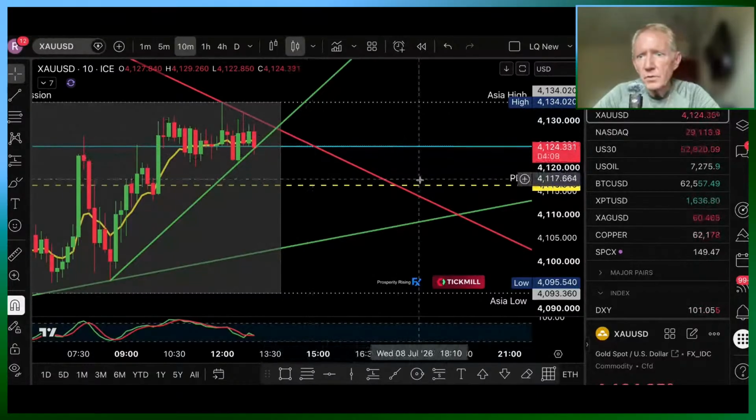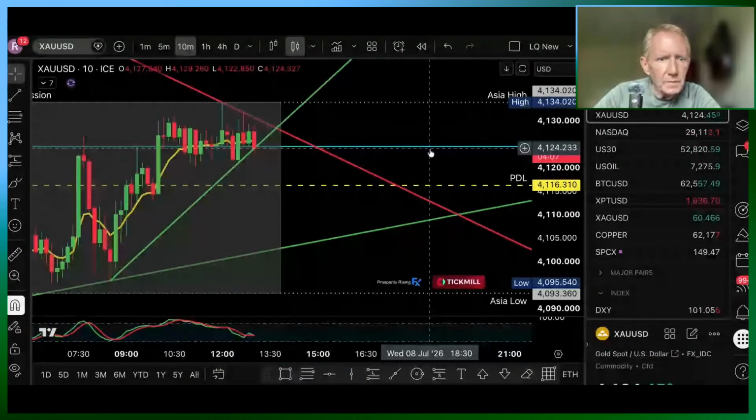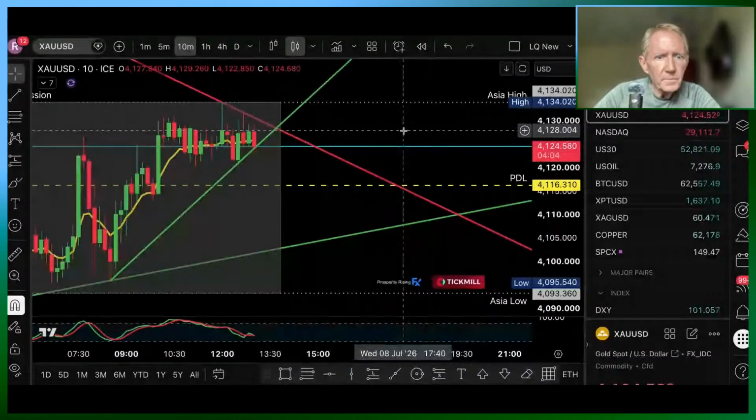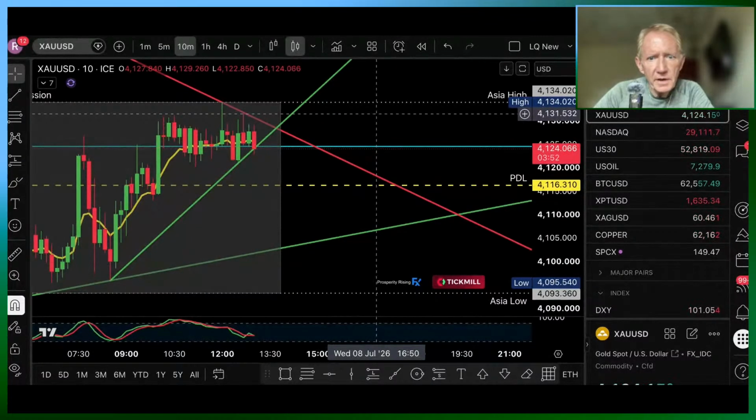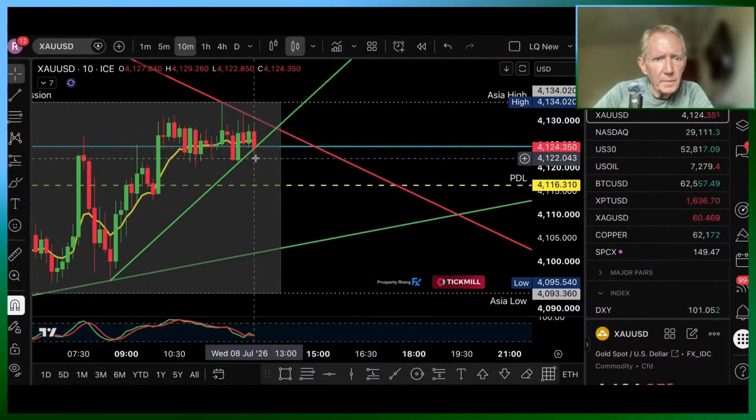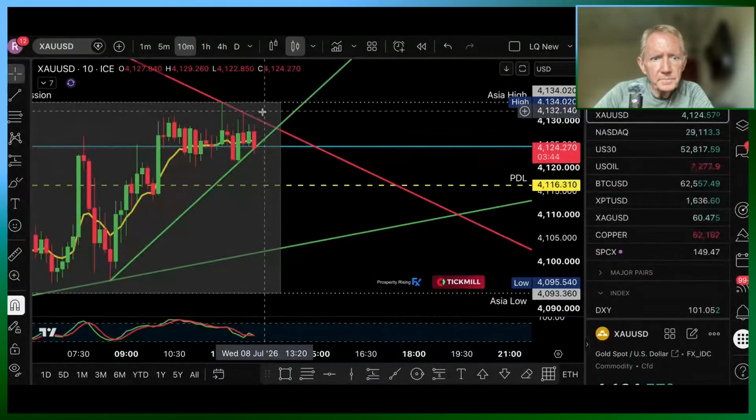It's now at 41.24. That's a reasonable stop loss. I always like to know where I'm going to put the stop loss before I open the trade. I always check that out first. So if I go short here, then my stop loss would be right there.